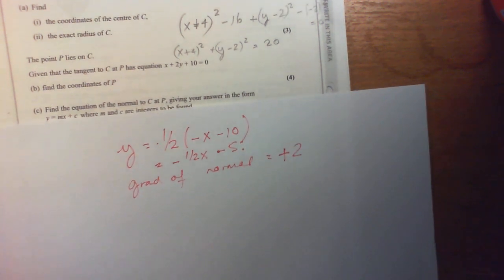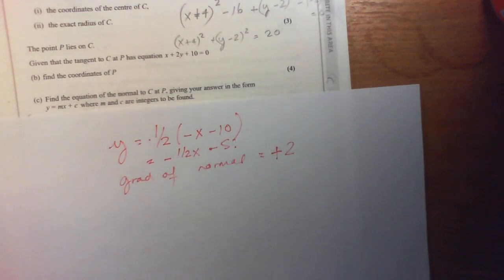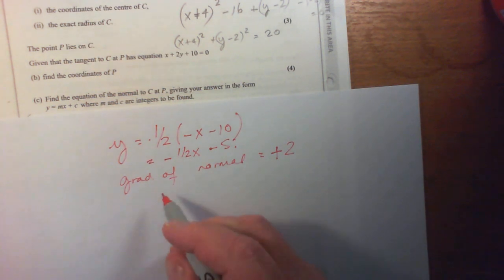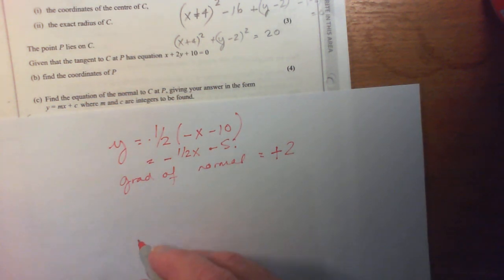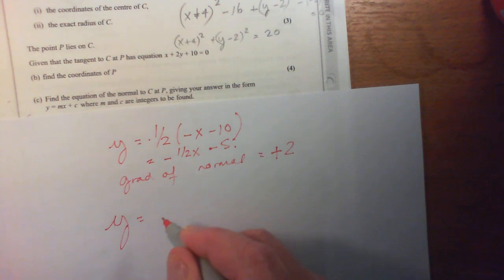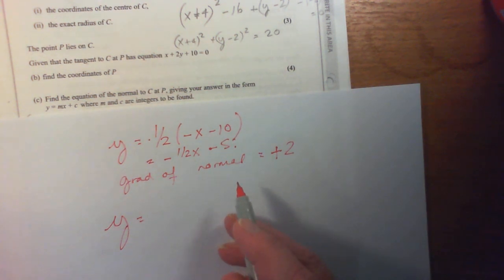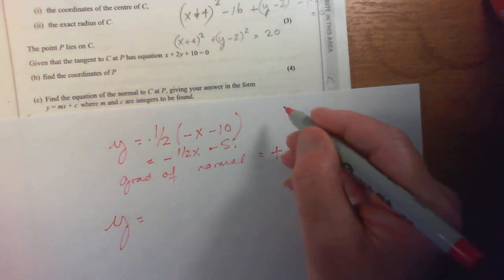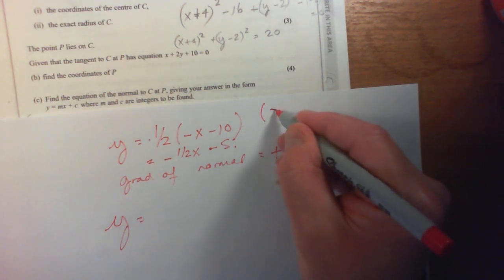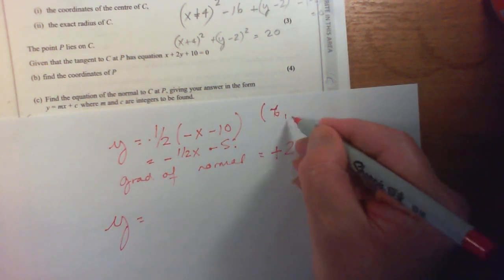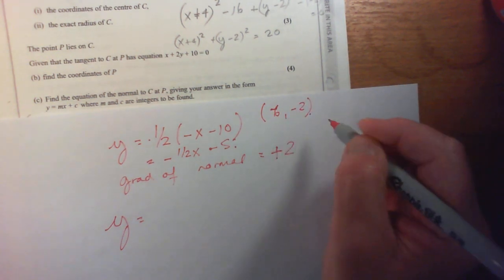Now, my recommendation for finding the equation of the normal is just to say y equals. The coordinates we're using here are minus 6 and 2.